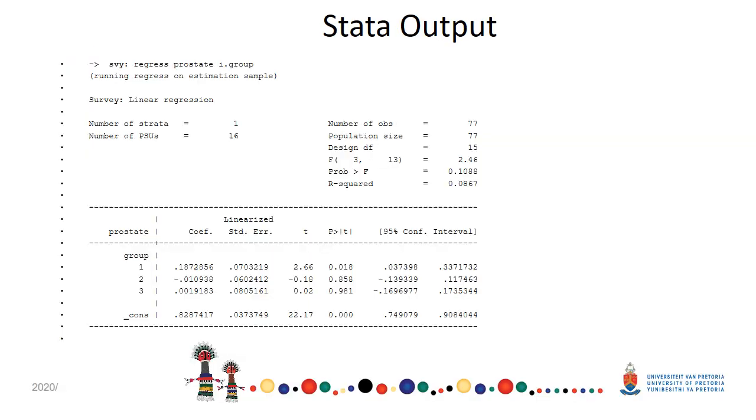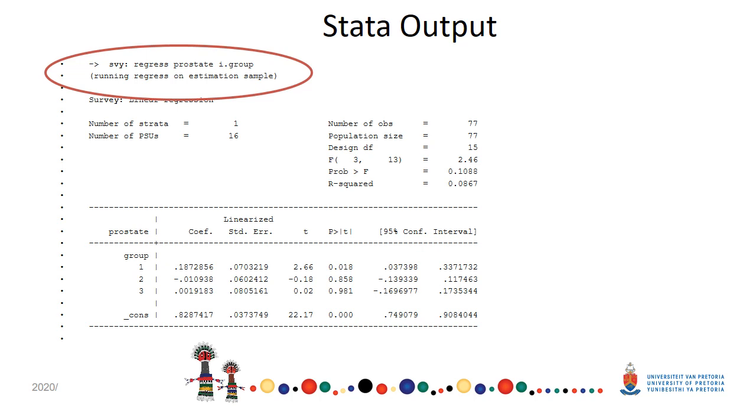So once we had run the survey command in Stata, looking particularly at the prostate gland, here you would see the printout once the analysis has been done. There would be 16 females or 16 households. If you think back to the example that we had, the number of males was 77, that's the population size, and in the printout, you would see there's group 1, 2, and 3.